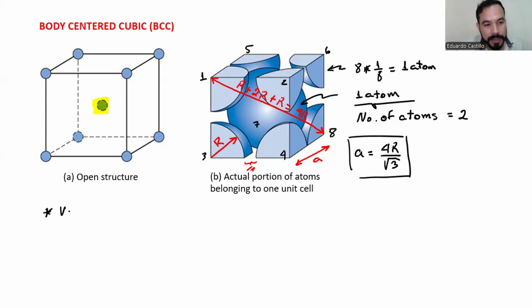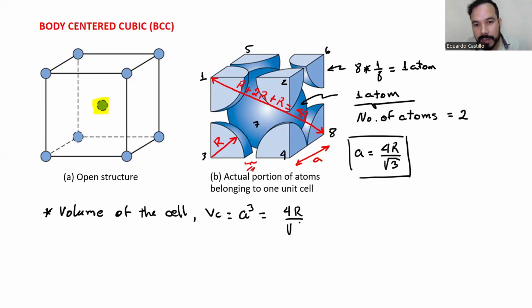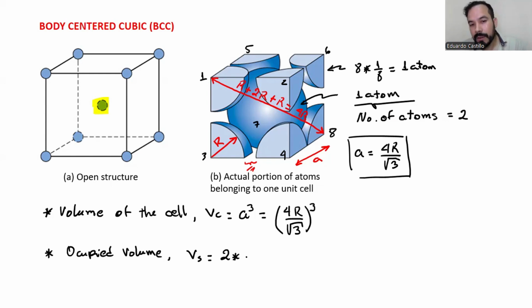Now, the volume of the cell, VC, will still be equal to a to the power 3, but this time a is equal to 4 times r divided by square root of 3, to the power 3. Well, the occupied volume, Vs, is equal to 2 atoms times the volume of one sphere. So that would be 2 times 4 over 3 pi r to the power 3, which means that Vs is equal to 8 over 3 pi r to the power 3.